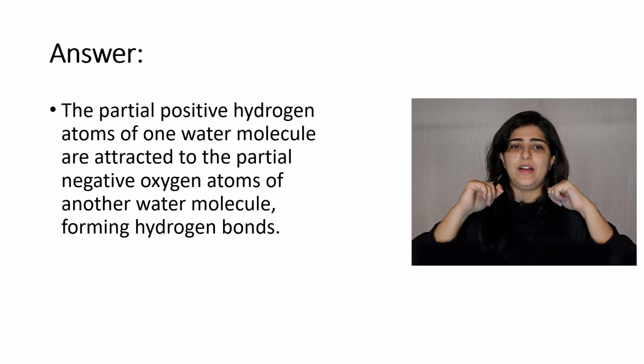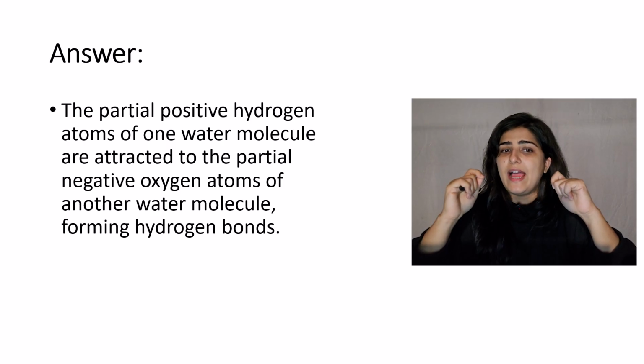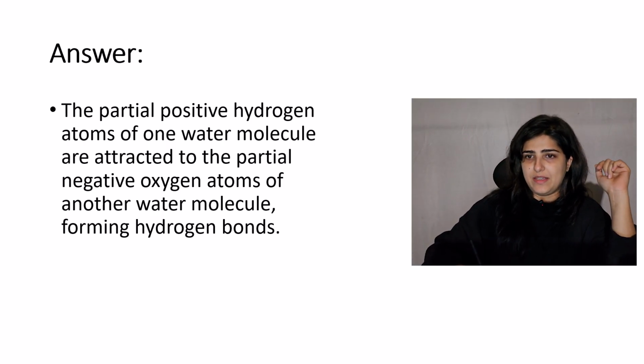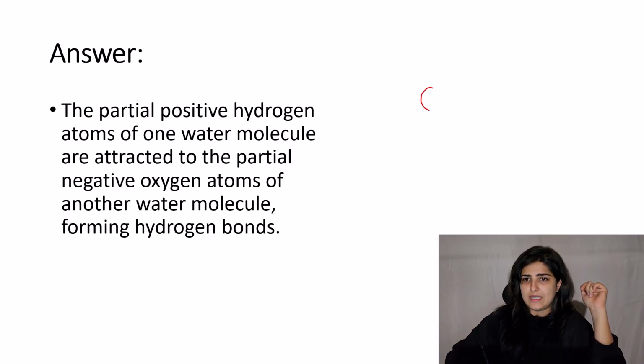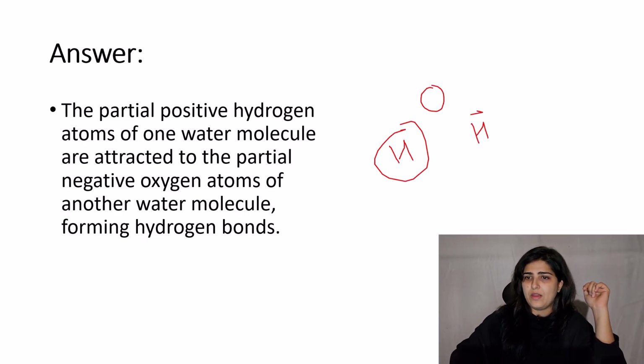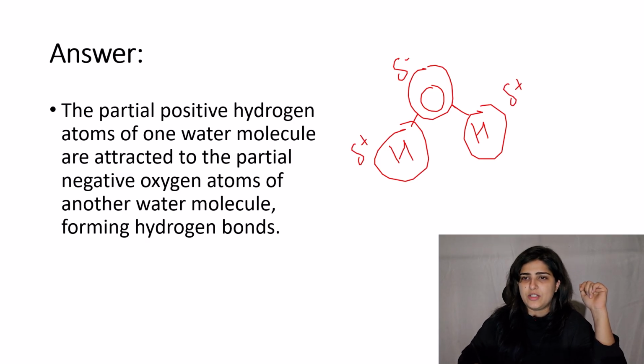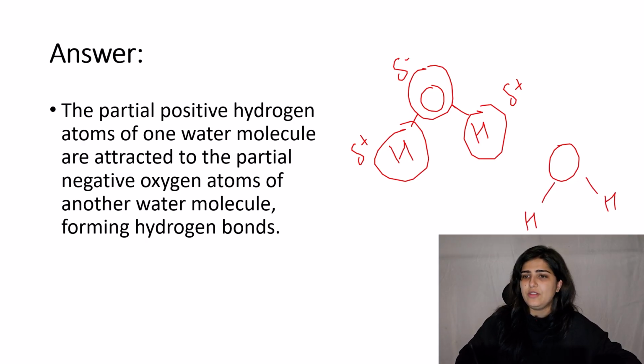Okay, so here's your answer. The partial positive hydrogen atoms of one water molecule, as you can see here. Let's say I draw this here: there's an oxygen atom and of course there are going to be 2 hydrogen atoms. We've already described that this one is going to carry delta negative and this one is going to carry delta positive charges. Let's say there is another water molecule very close here, which also has a delta negative charge.